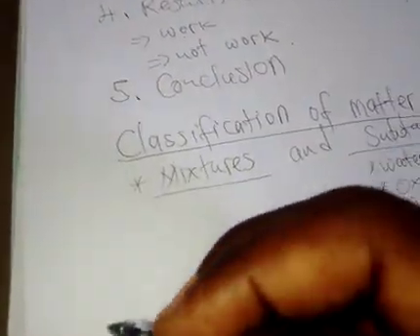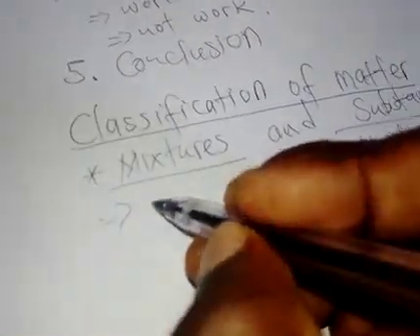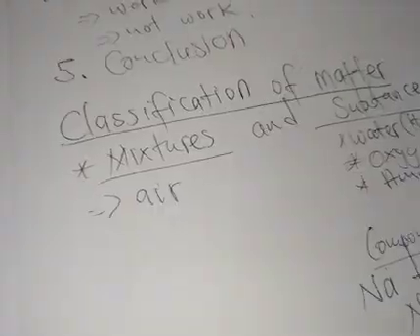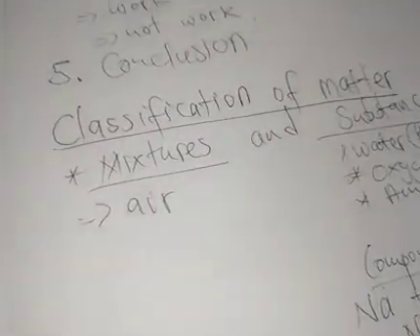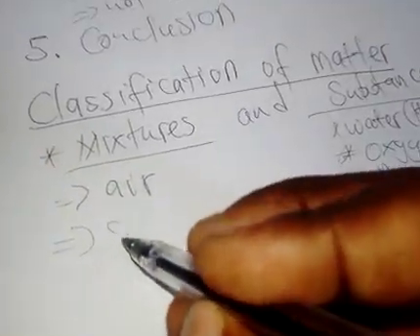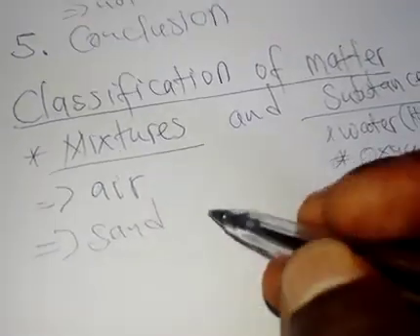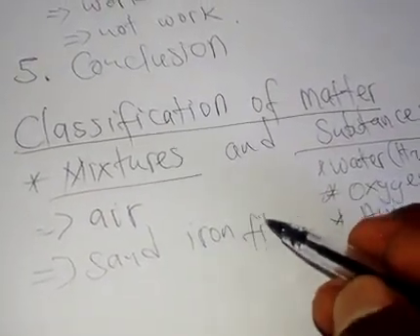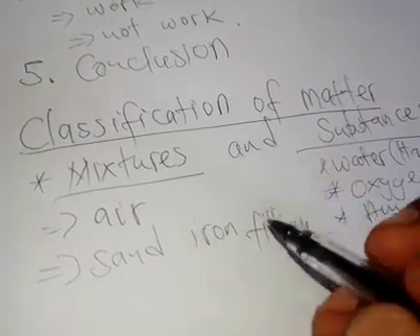For example, if we talk about things like air, that's a mixture. Air is a mixture. Things like if you get sand and iron filings, you combine them, these are mixtures.